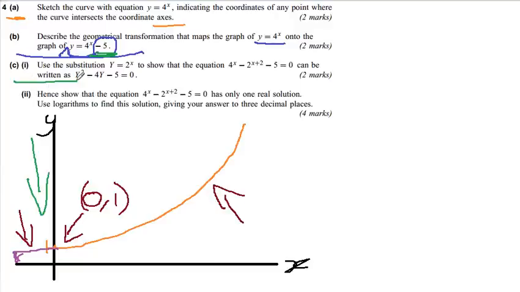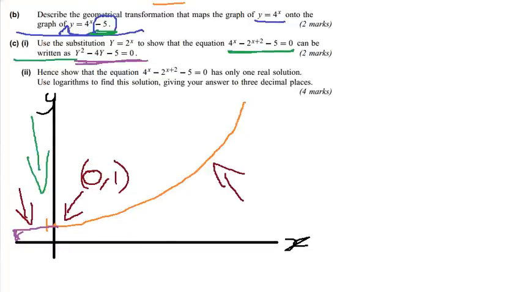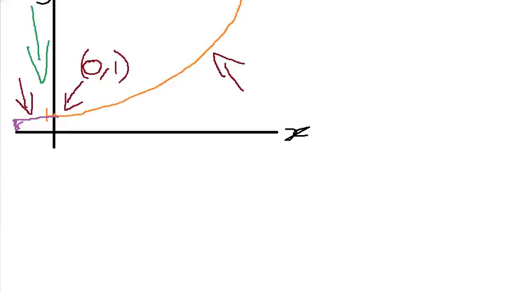Use the substitution. Okay, so we've got an equation here. This is our equation, and we have to make it look like the one underlined in purple, using this substitution. So let's write both of those out. I think this will make it easier. So we have our two equations.